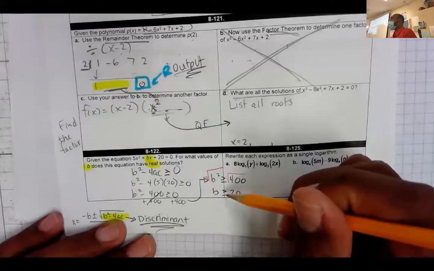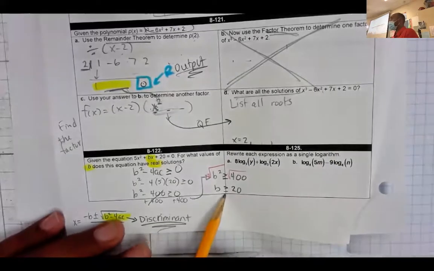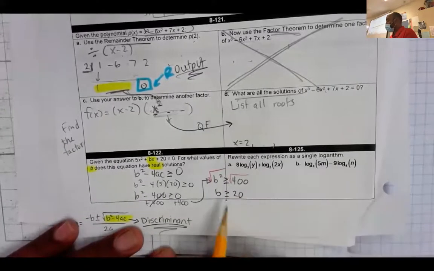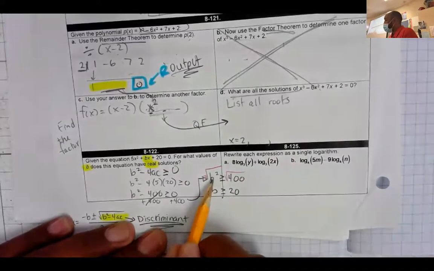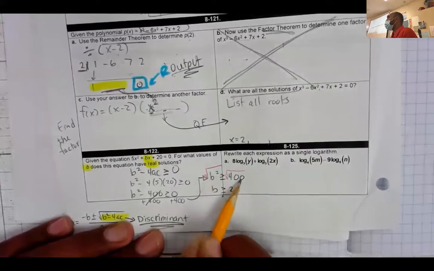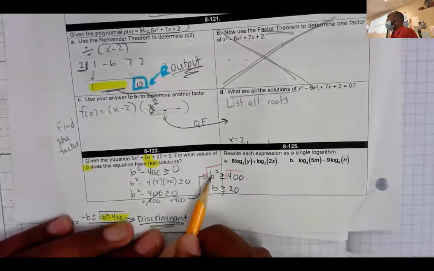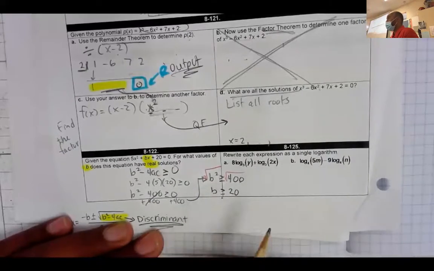Okay, now here's the deal with this one. It's not plus or minus 20, because when you're dealing with an inequality, it's a little bit different. When you're dealing with an inequality, I have to think, let's say I go back to just this step right here. If I plugged in 20 squared, that's 400, right? But if I plug in -20, well, that's also 400, because -20 times -20.